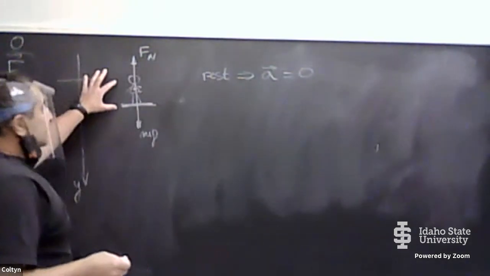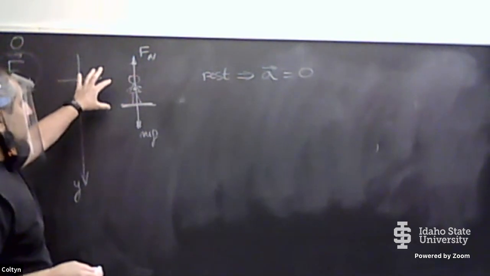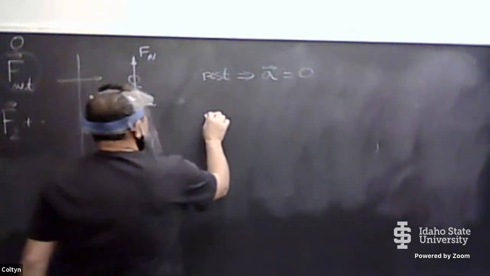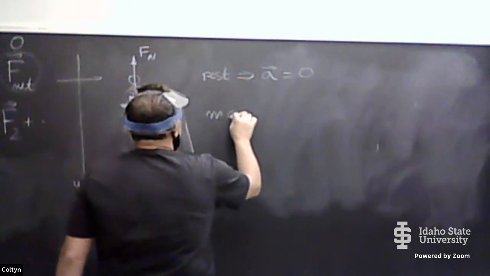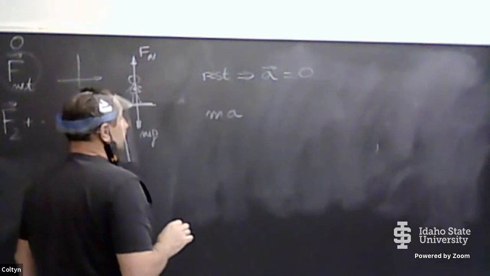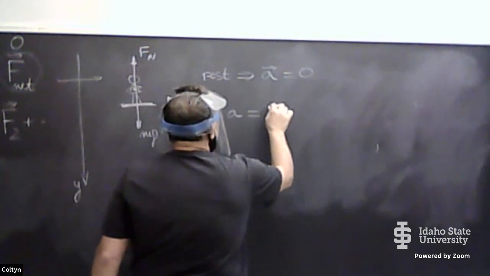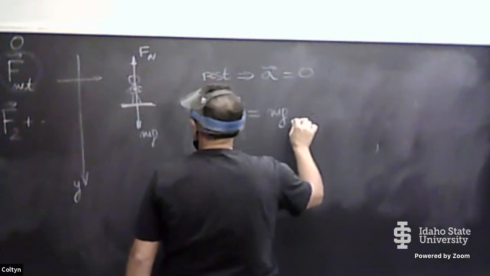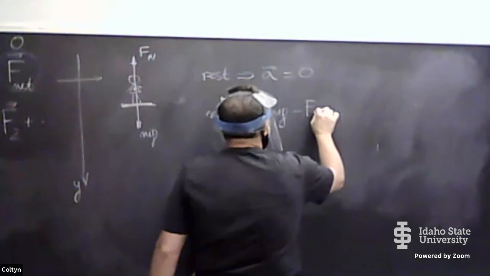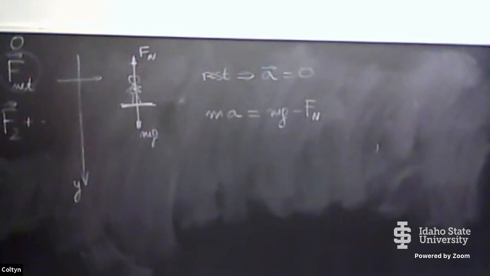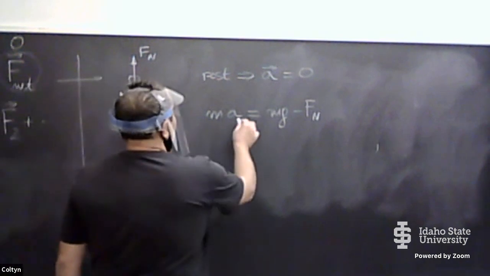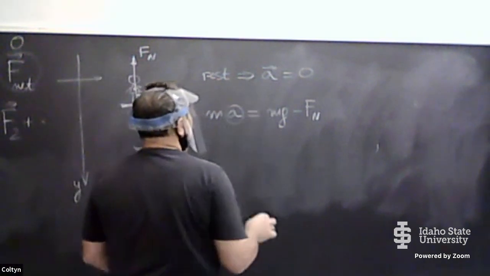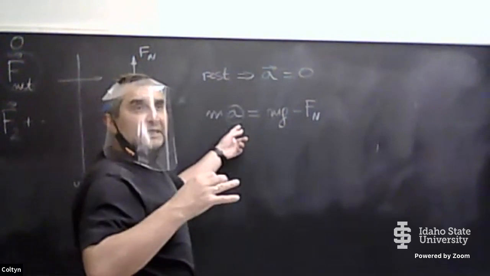And now let's apply Newton's second law to your own body. The mass of your body multiplied by its acceleration should be equal to the net force. Well, in our case, the net force is mg in positive direction, normal force in negative direction because of my choice of coordinate system. But acceleration is 0 if you're at rest constantly.